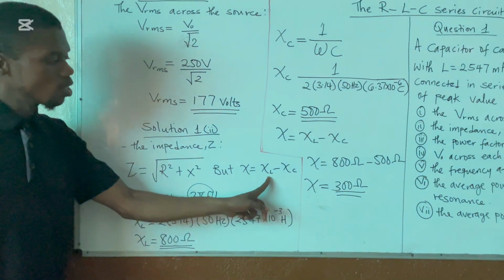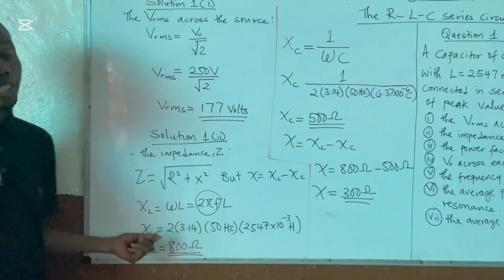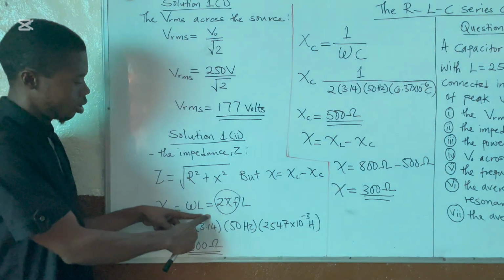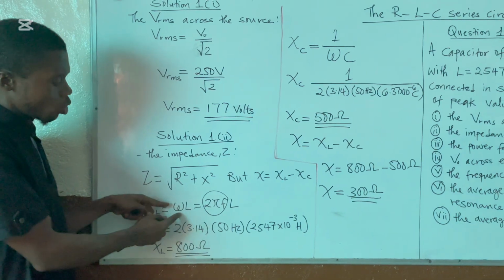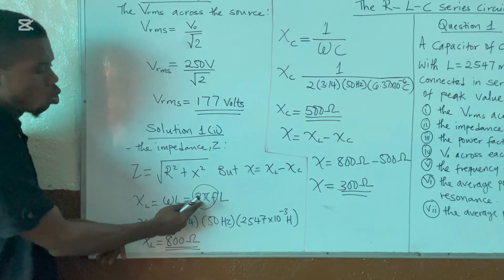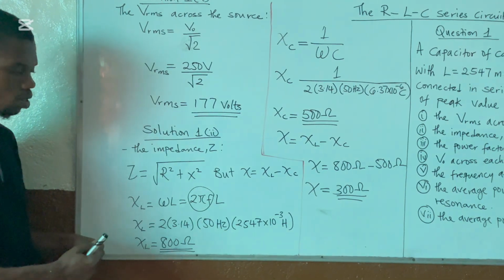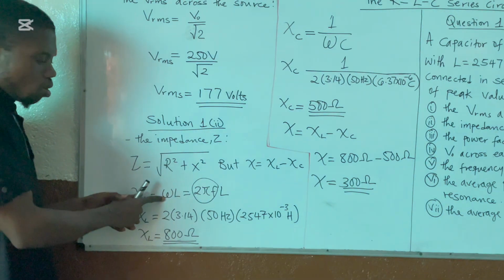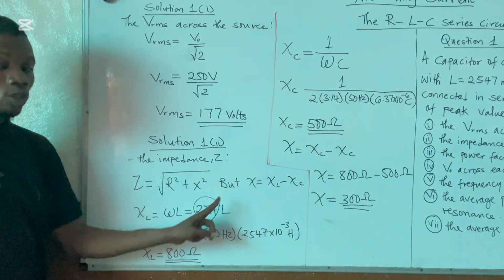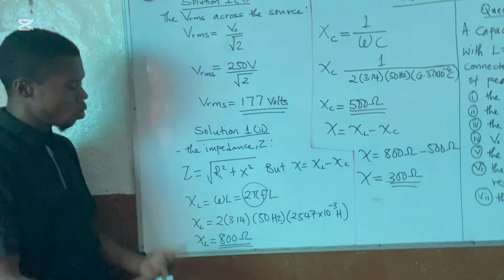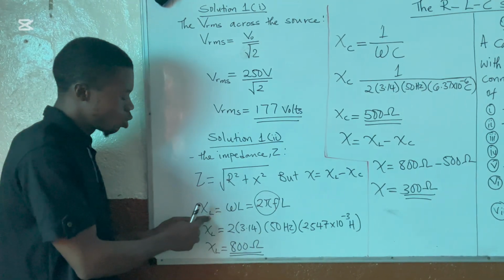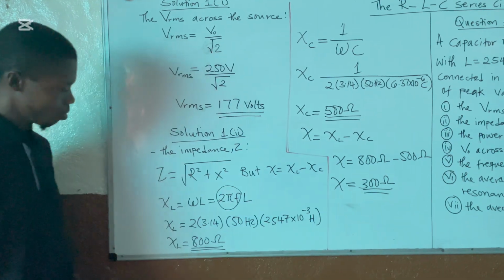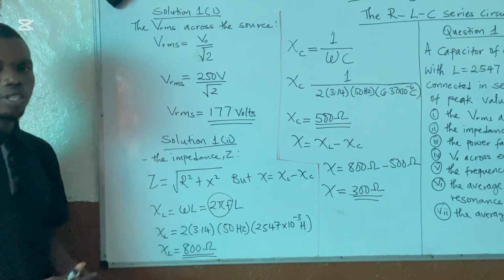XL, the inductive reactance, is equal to omega times L, the inductance. But omega is equal to 2 pi F. So if we substitute 2 pi F for omega multiplied by the inductance, the inductive reactance will be equal to 2 pi F L. Then we substitute in the values.